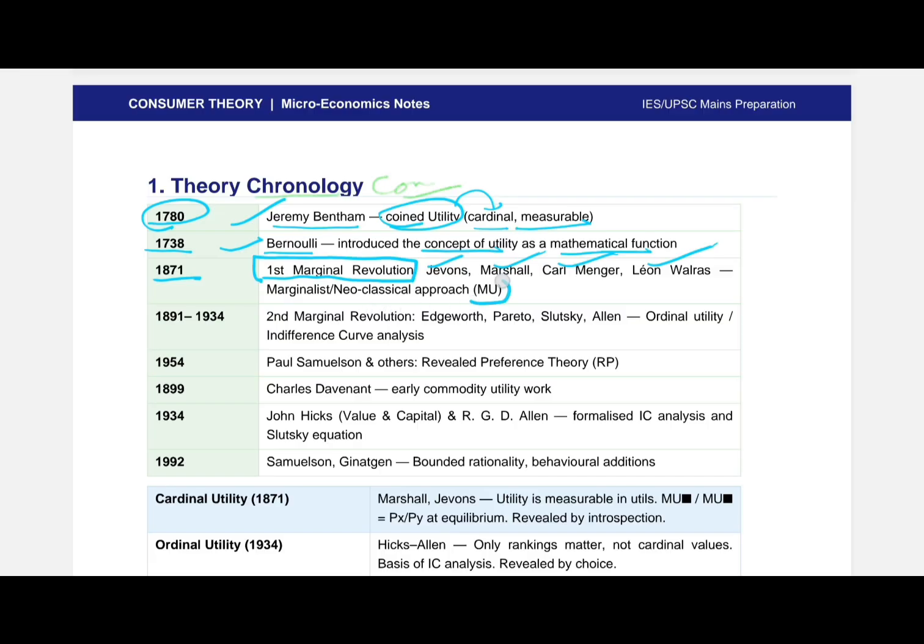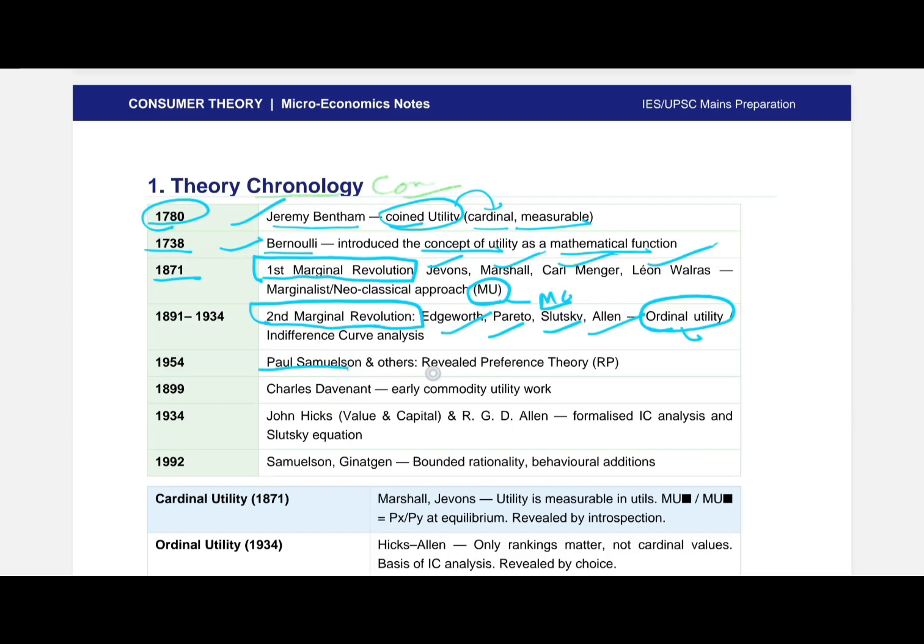Because they introduced the concept of marginal utility, and the second marginal revolutionary economists are Edgeworth, Pareto, Slutsky, Allen, who introduced the ordinal utility. Basically, they introduced the concept of indifference curve analysis, and the first marginal revolutionaries were based on the cardinal approach.